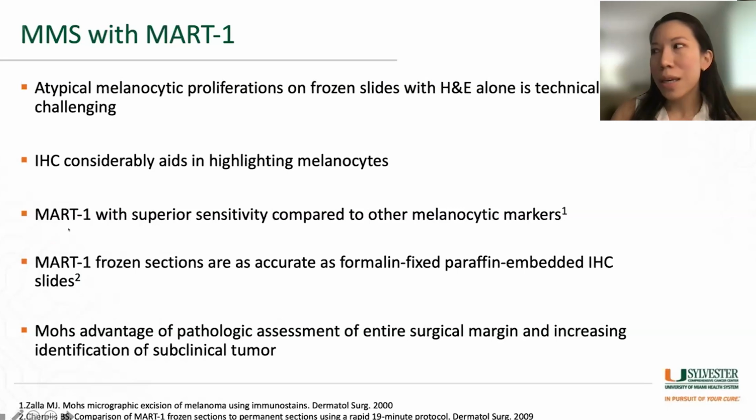There are various ones that can be used to see the melanoma cells, but the more conventional one is MART1, and it's been shown to have superior sensitivity compared to other melanoma markers. There's also been validation that MART1 frozen sections are as accurate as the typical permanent section slides that we send to the outside pathologist. And here we retain the most advantage of having pathologic assessment of the entire surgical margin and increasing the ability to identify the subclinical tumor.